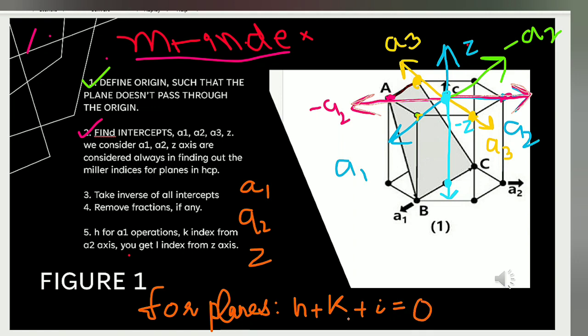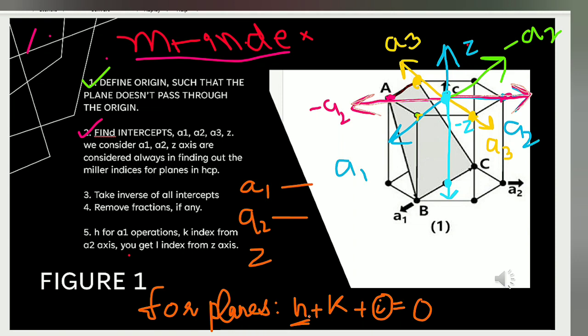Okay, now this equation is true in all the cases. If you talk about the 4 index system, H we know corresponds to the Miller index that we'll obtain for A1, and K corresponds to the Miller index that we will obtain from A2, and I corresponds to a Miller index that we will obtain from A3 axis.